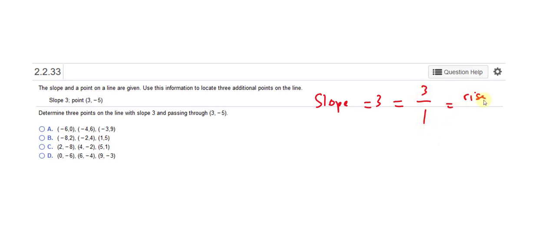Which is rise over run. So we have the given point (3, minus 5). As I run to the right by 1 unit, 3 plus 1 is 4. I have to rise up 3 units, so minus 5 plus 3 gives me minus 2. So that is another point on the line. Let's check which one has 4 and minus 2. It's this one. So this is the answer.